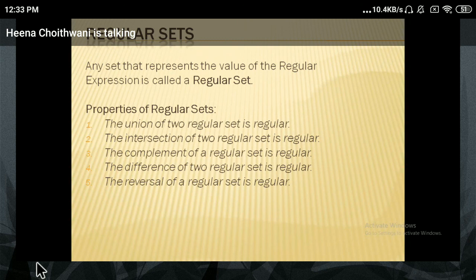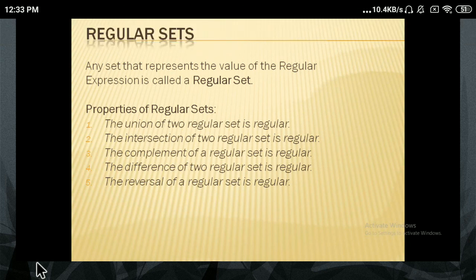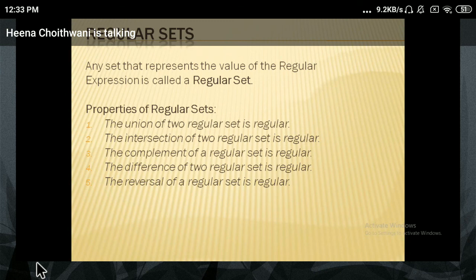So if we take the complement of A, all the elements which are in the universal set but not in A will be in the complement set. In difference, if we say A minus B, if we take a difference of two sets, say A minus B, whose elements will remain and whose will not?